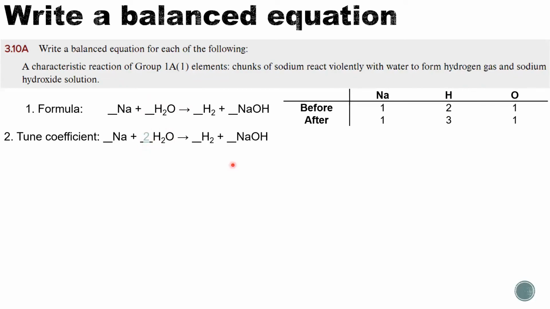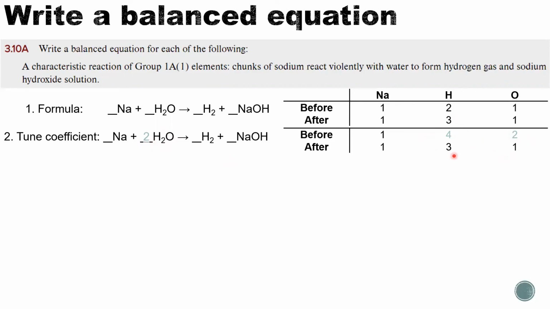Then we can count all the atoms before and after reaction. When we make it 2 waters, we also double the number of oxygens to 2. So now we have more hydrogens before reaction than after. We also have more oxygens before reaction than after the reaction. So we can keep tuning the coefficients.